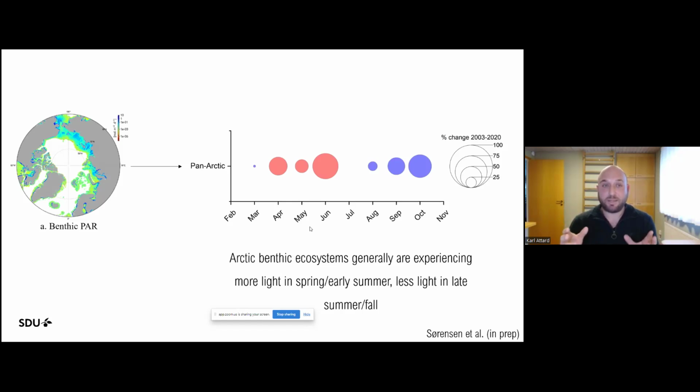So the number of pixels where growth can occur. But again, the net change is still quite balanced, and that's probably why we do not see strong increases overall in benthic primary production.